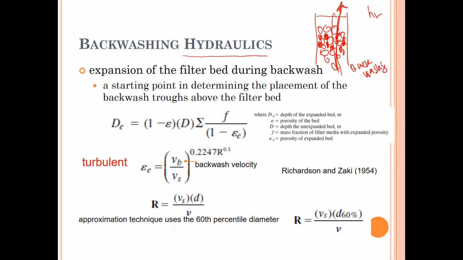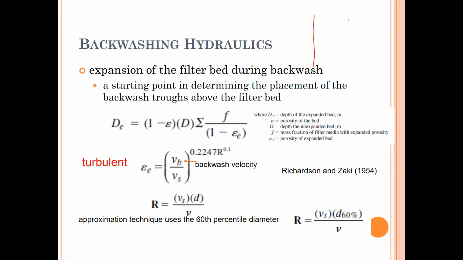So what happens during backwashing? That bed, if this is the bed, gets suspended and the depth of the bed increases. This is the depth of the expanded bed, and this one is the depth of the bed.